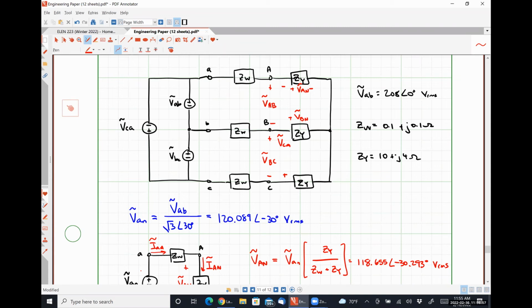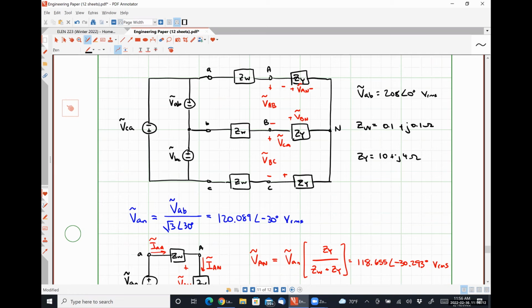So I didn't explicitly state this to be the neutral terminal, but it absolutely is the neutral terminal because we have a Y connection. So just to make it slightly easier, put my N terminal there.